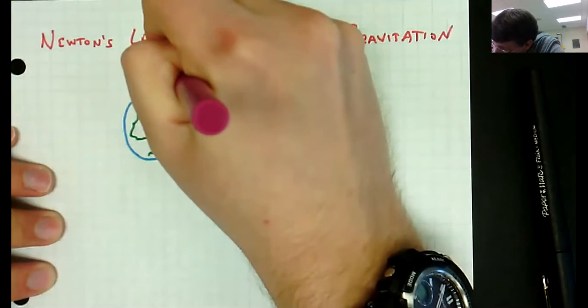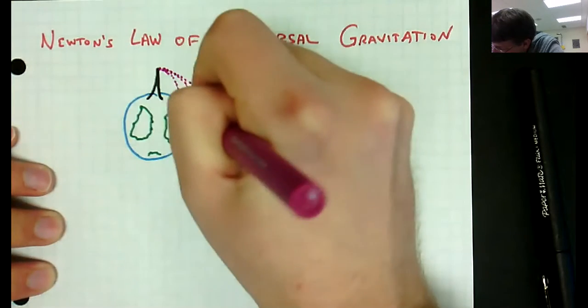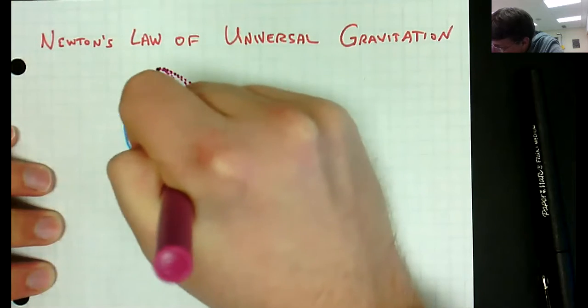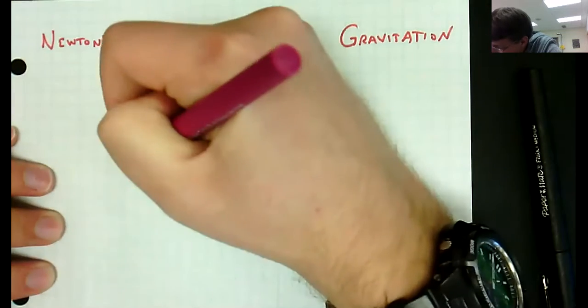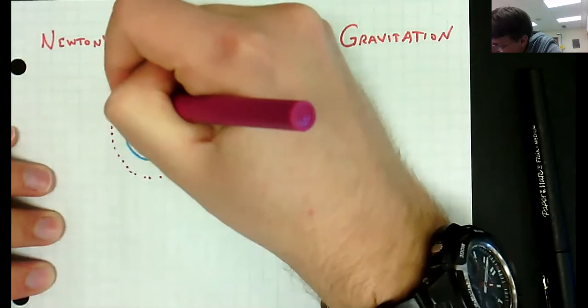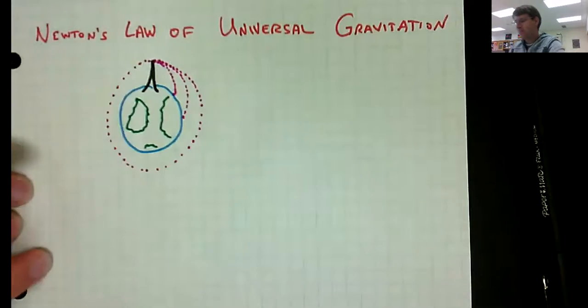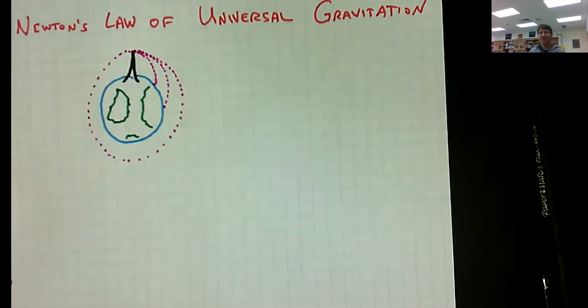But what if I launched it so fast that as it fell, the Earth curved out of its way? What if you had something that fell around the Earth? This is what we now call an orbit.